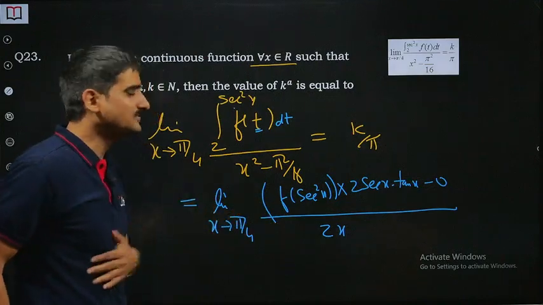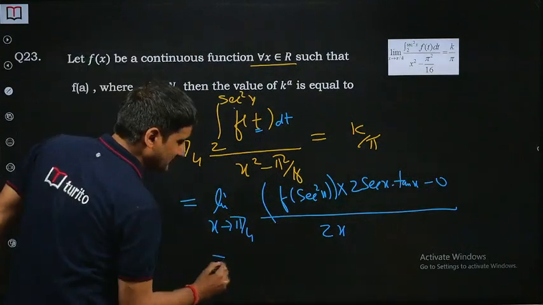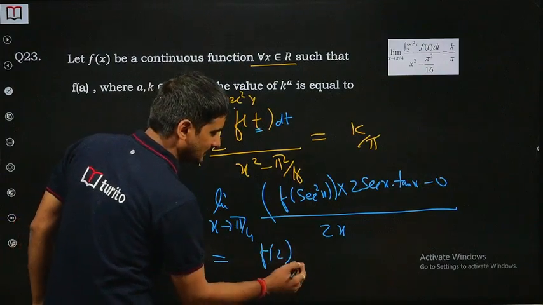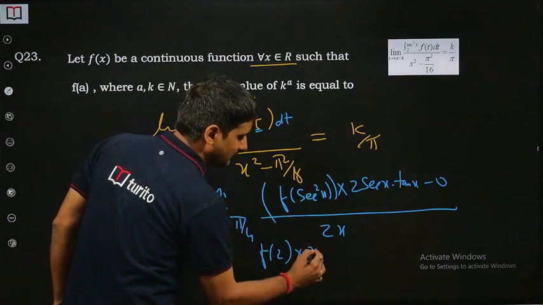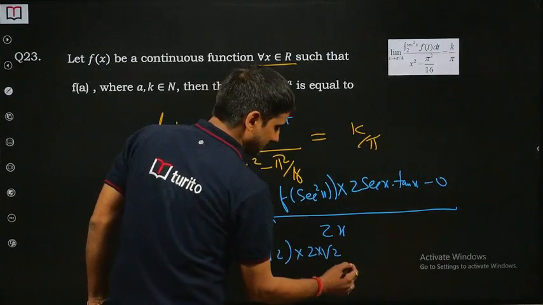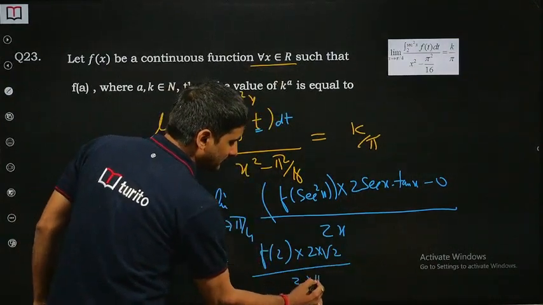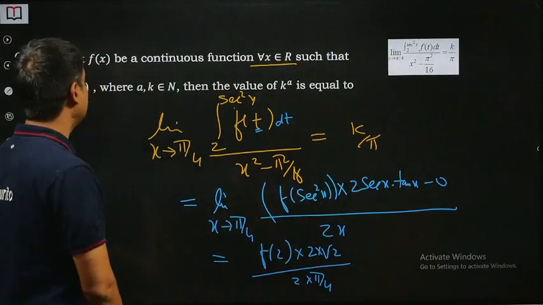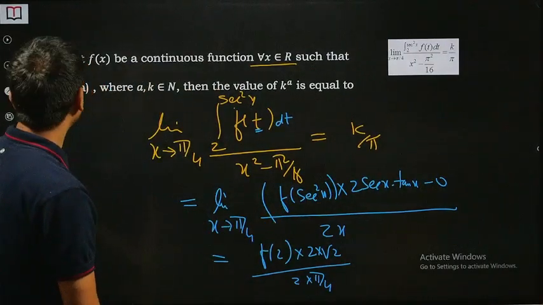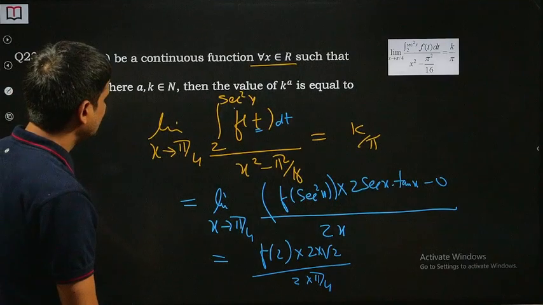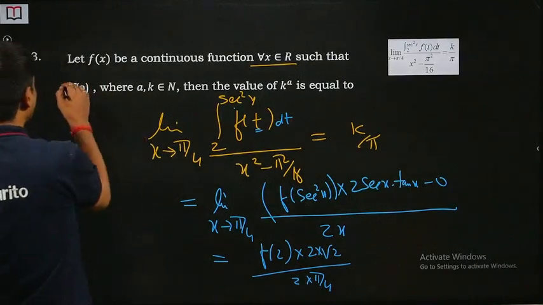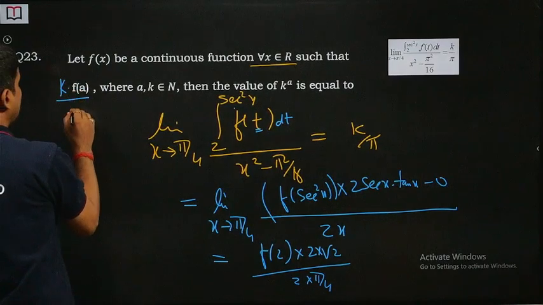Now it's no more a 0 by 0 form. You have to just put the value. So it's f of 2, and this is root 2, and then tan pi by 4 is 1, 2 into pi by 4. Now whatever they have given, just equate it with that, and we have the value such that f of a is k by pi. I'm sorry, k into f of a by pi.